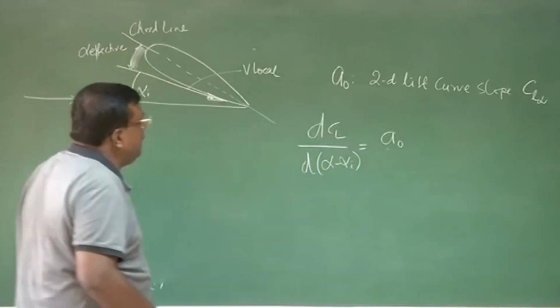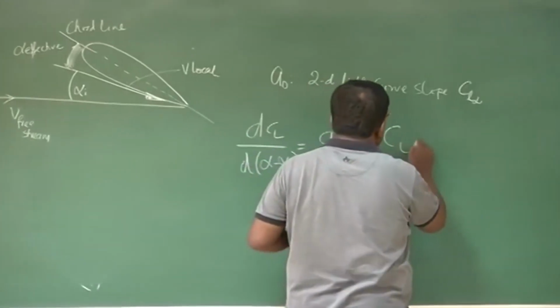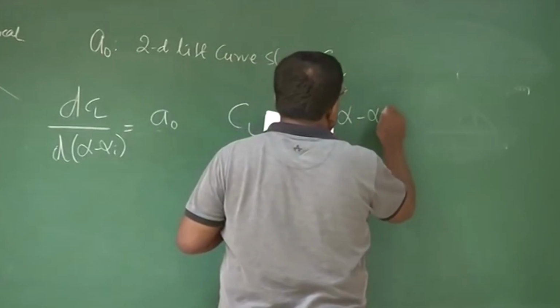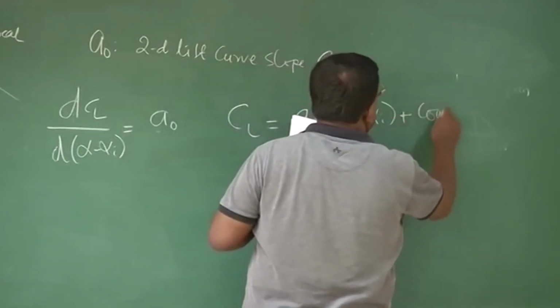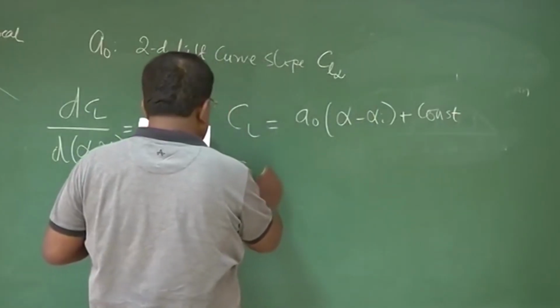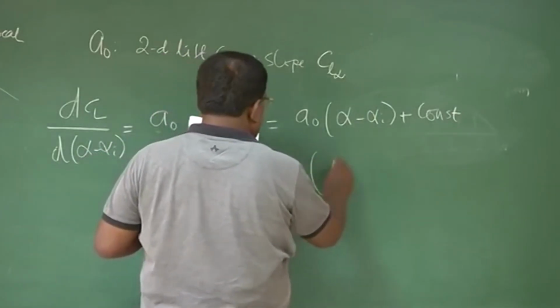If that is a0, then I can write CL equal to a0 times (alpha minus alpha I) plus a constant.